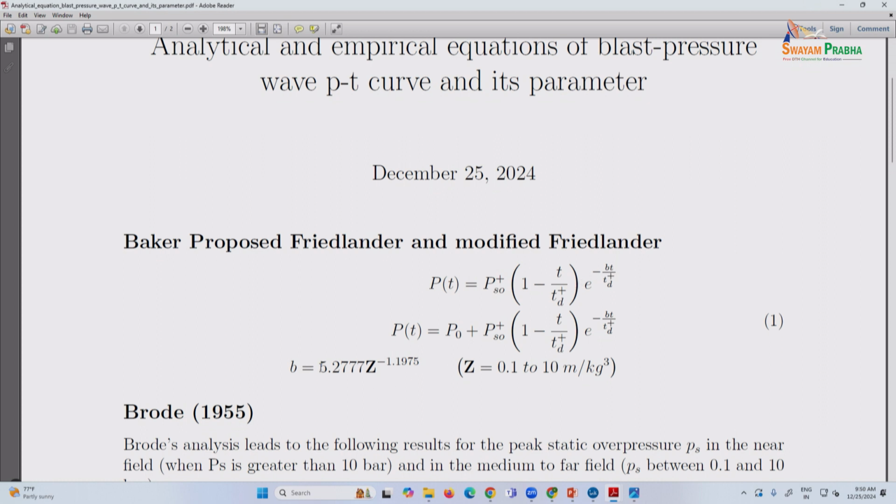The decay coefficient is B, and it seems to be a very precise expression, right? In terms of all the uncertainties, it goes even to the 4th decimal, and that's how publications are. Well, in those days they were using analytical expressions. You can see this is again the validity of Z from 0.1 to 10 meters per kg cubed.